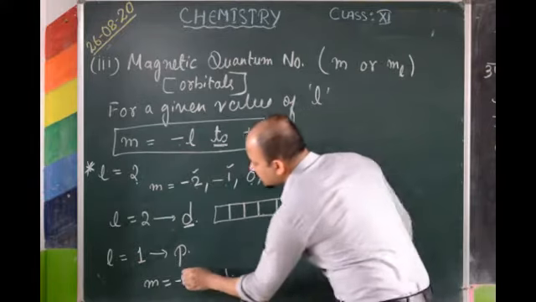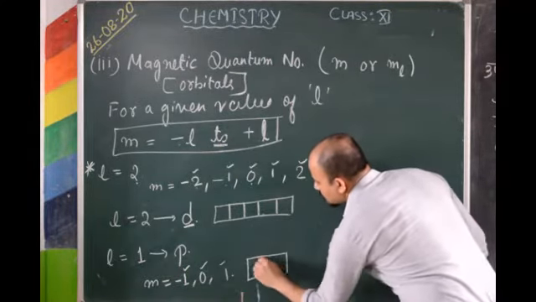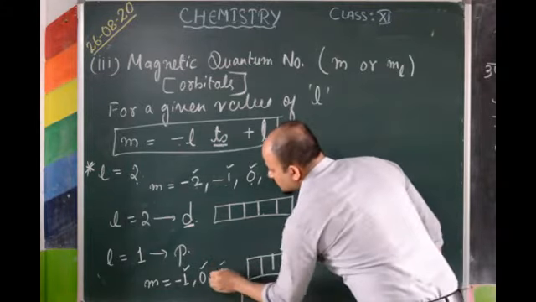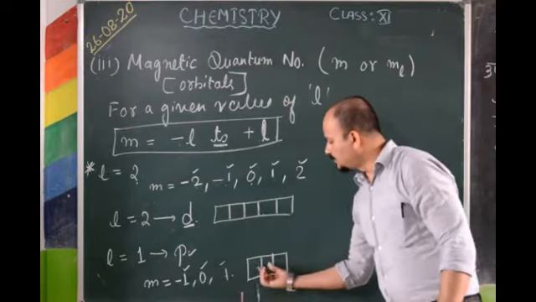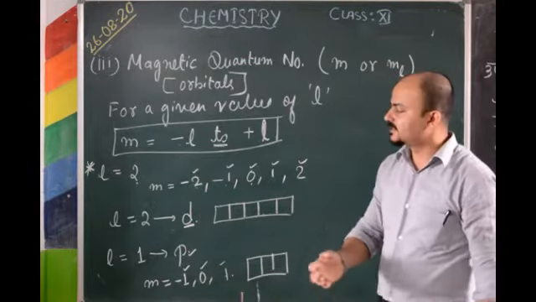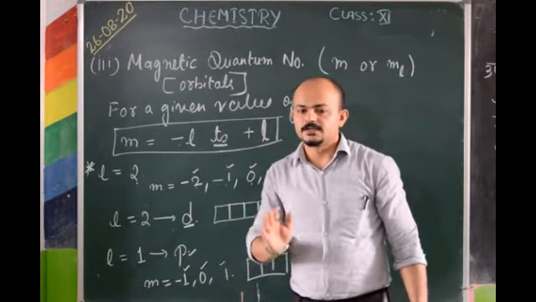So how many values are here? 1, 2, 3. So this corresponds to the p subshell, and it will have 3 rooms. Hope this is clear. This is very easy. You can refer to your book if you have any confusion.